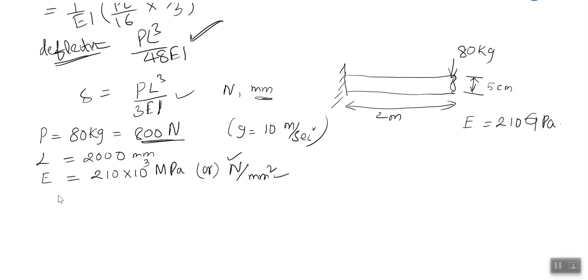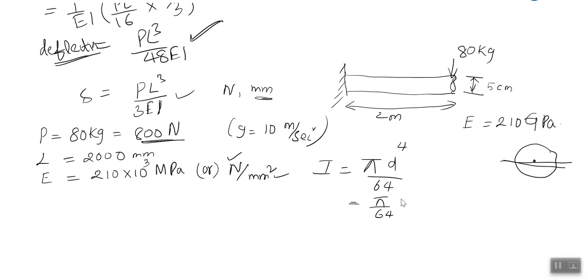And finally, our I value, the moment of inertia for a circular cross section about the axis passing through the center, which is nothing but pi d power 4 by 64. Pi by 64 into d power 4.